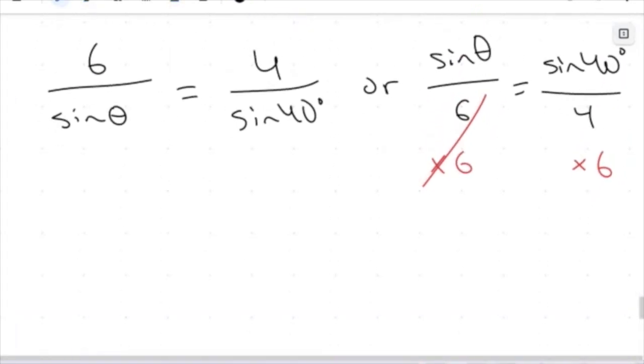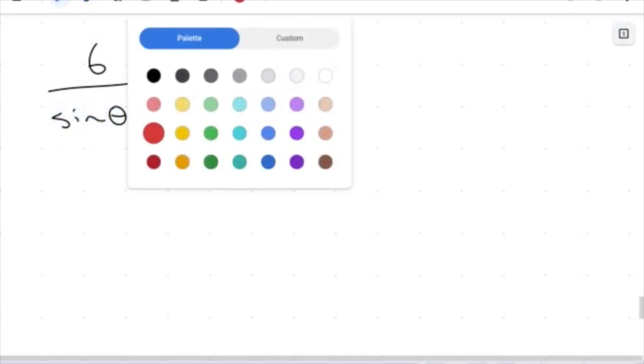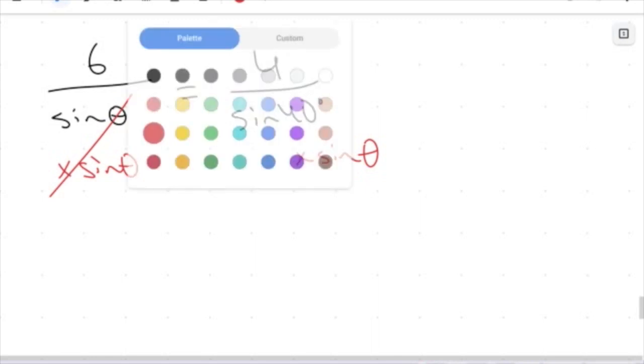So let's say we solved it this particular way, and I'll rub this out so it's not as distracting. Okay, we want to get the sine theta on its own, but not on the denominator. That's not really helping us here. So we're going to multiply both sides by sine theta to get it on a numerator, eventually isolating it.